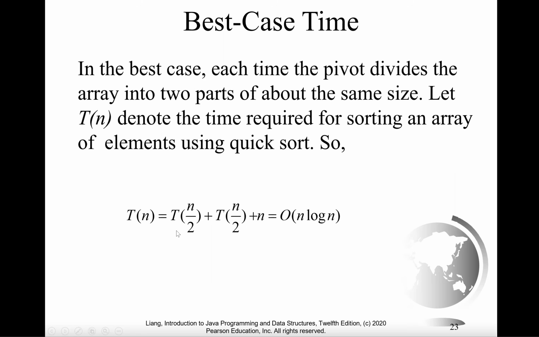The array is divided into two parts using the pivot to partition it. So now the two parts are about the same size. And so T(n/2) plus T(n/2), plus the time for the partition. And so this is the recurrence relationship. And solving it, T(n) is order of n log n.